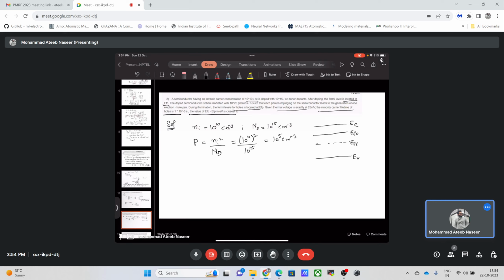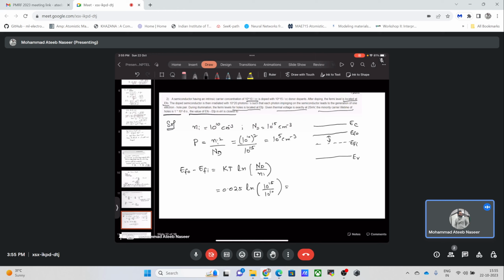Now the distance between EF0 and the intrinsic Fermi level is simply kT times ln of Nd by Ni. So it is simply 0.025 into ln of 10 to the power of 15 over 10 to the power of 10.